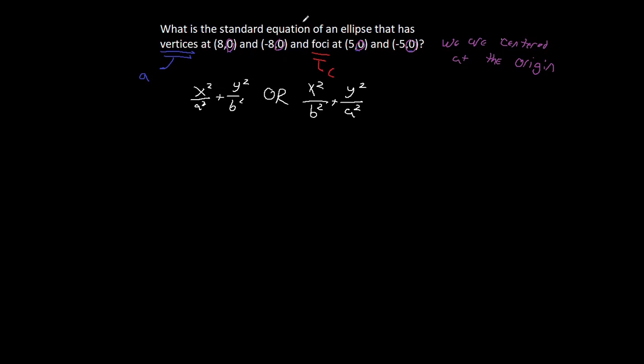And then because the vertex number here is an x, this tells us we're going to be dealing with this first equation here. This tells us that a is going to be bigger than b.